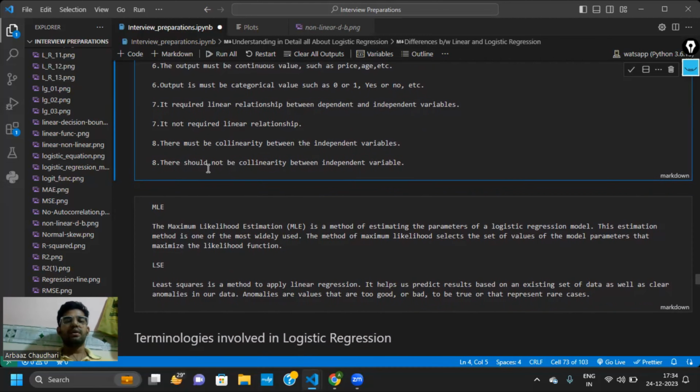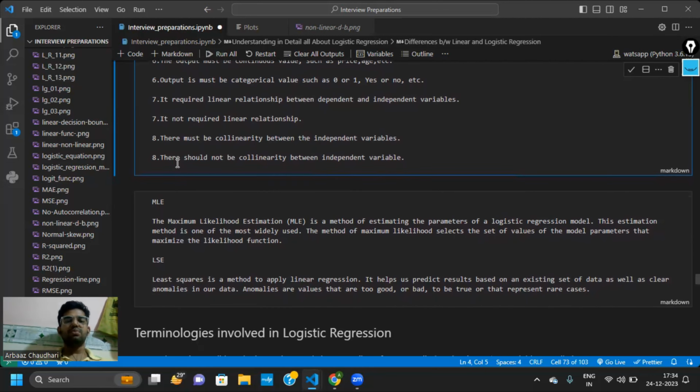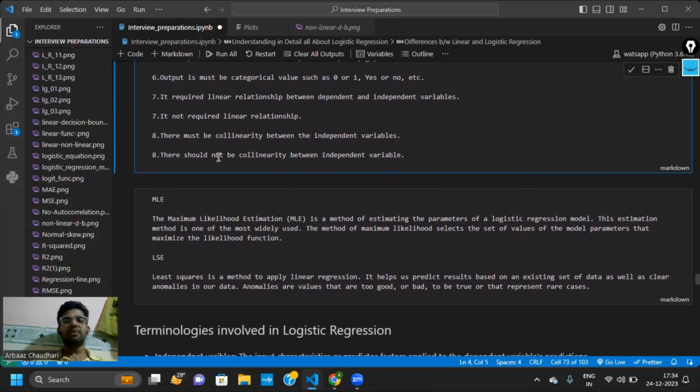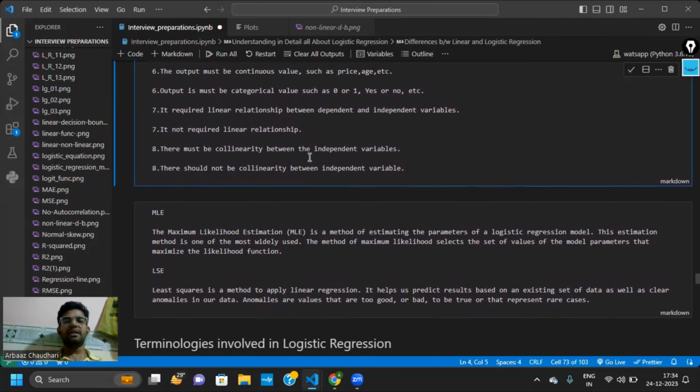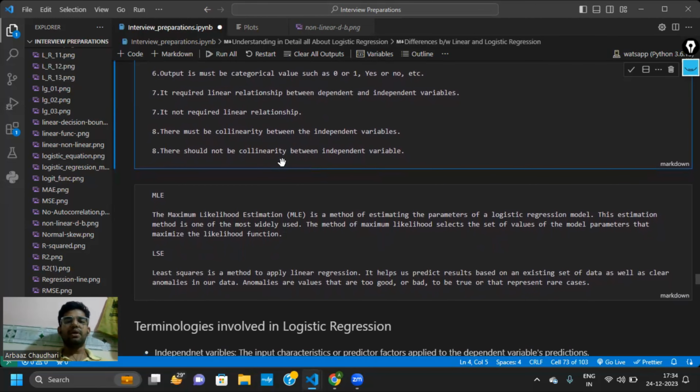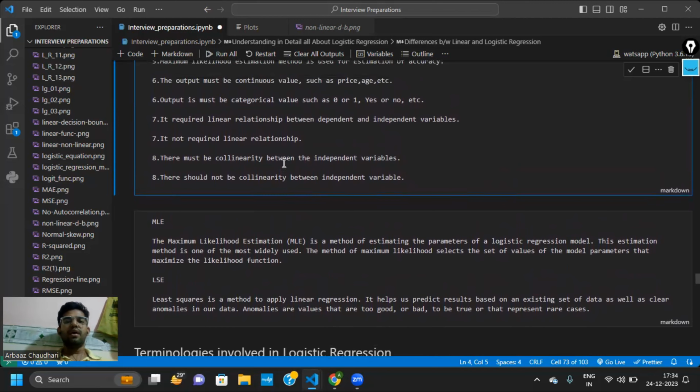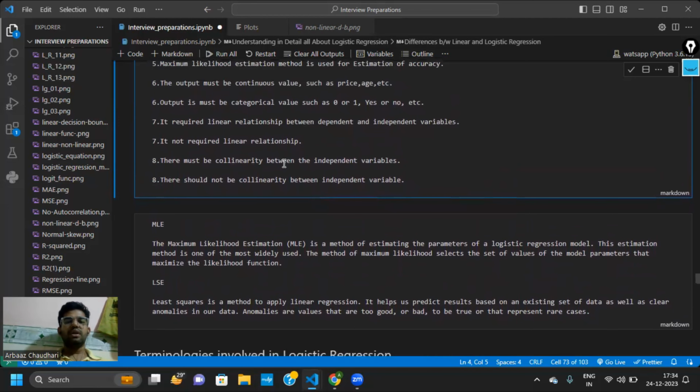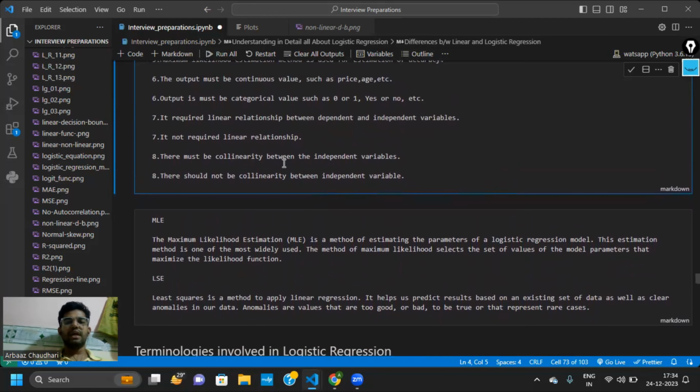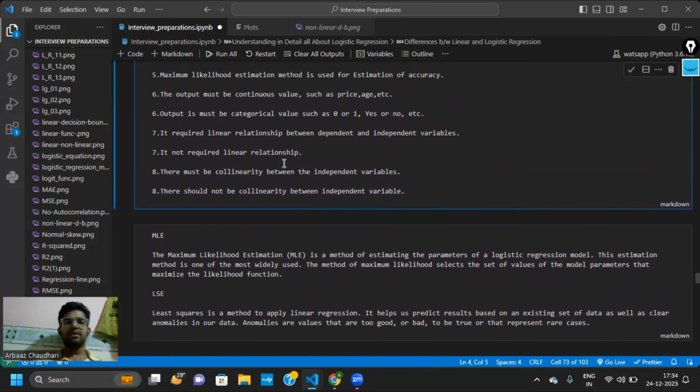But in the logistic regression, there should be no collinearity between independent variables. If there is collinearity or there is no collinearity, the logistic regression is not affected by that. It will be able to give the answer of the data points, whether they are class 0 or class 1.